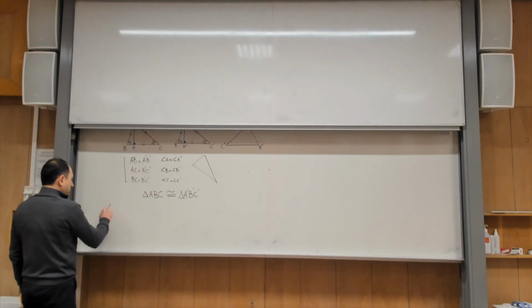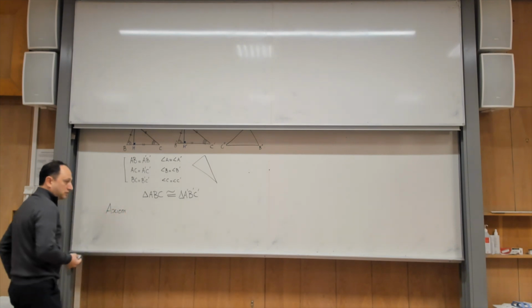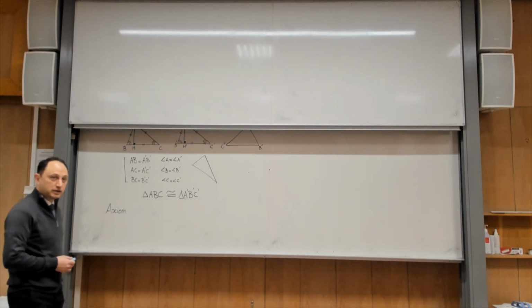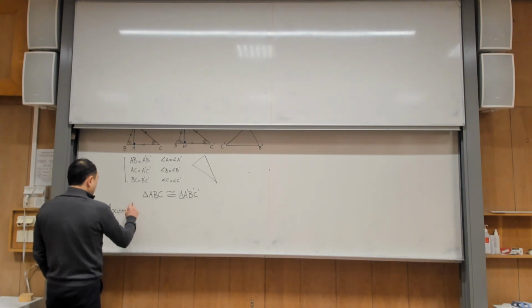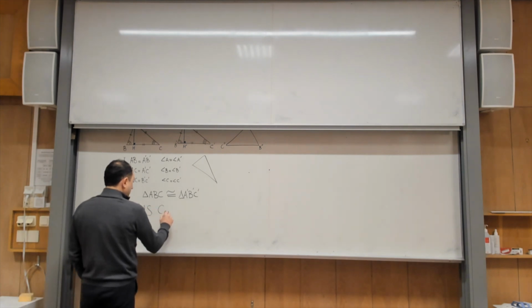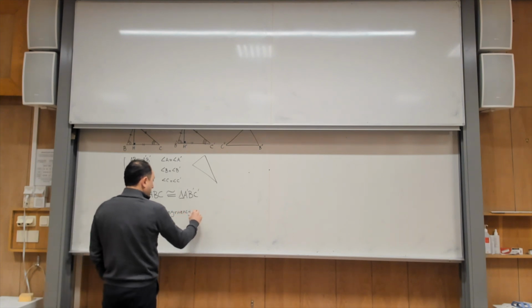This is an axiom, so it means that this is a statement that seems natural, but we don't have a proof for it based on the previous statements that we have. So the axiom, I would call it SAS. This is side angle side congruency of triangles.